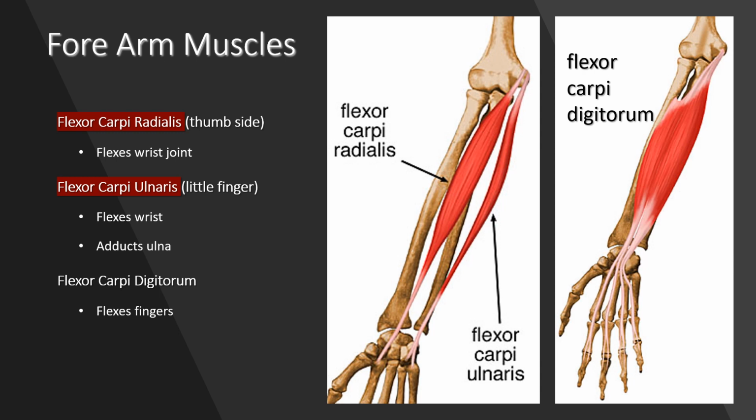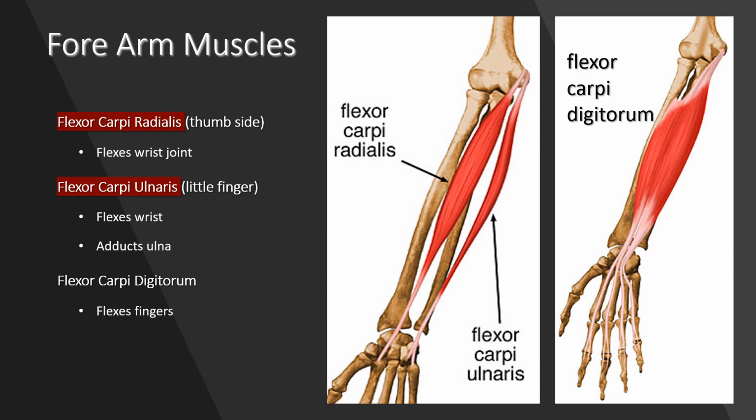So the flexors all attach to the inside of the elbow. So the medial epicondyle, it's called, of the elbow. So if you put your arm in front of you and you feel that sticky out bone on the inside of your elbow, that is the medial epicondyle.